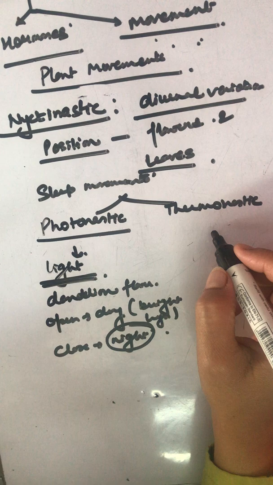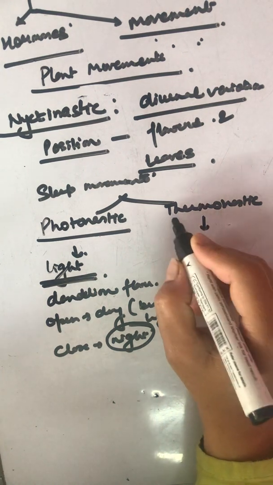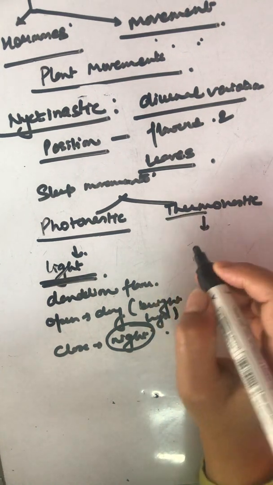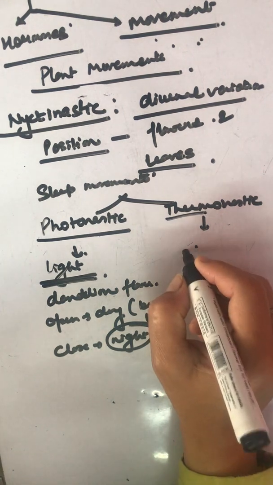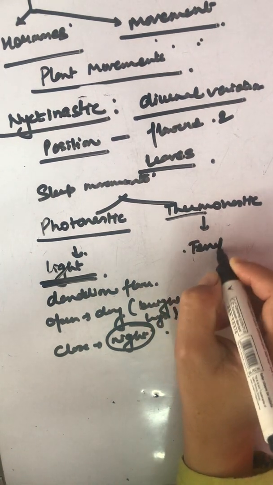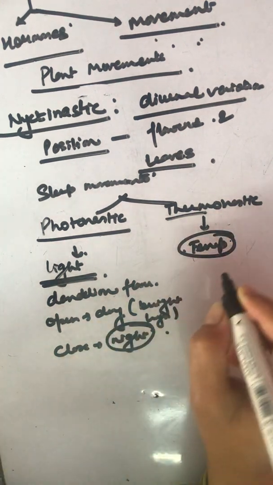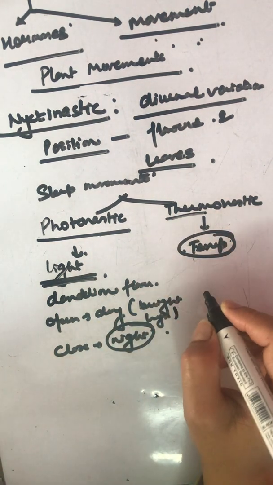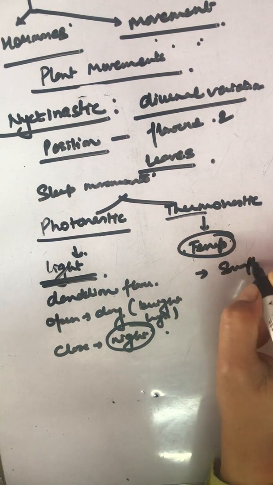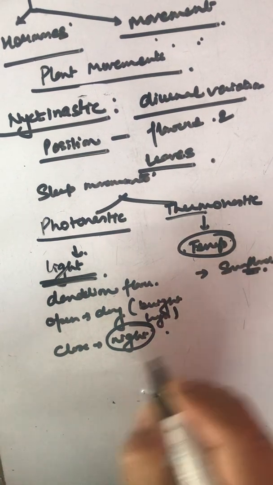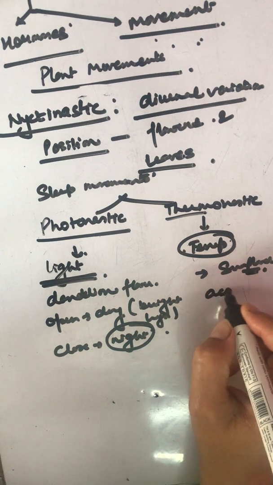Then is thermonastic, temperature. Thermo is the word for temperature. Position of plant parts like flowers and leaves by the changing in temperature. Like we say the positioning of sunflower according to the direction of sun.